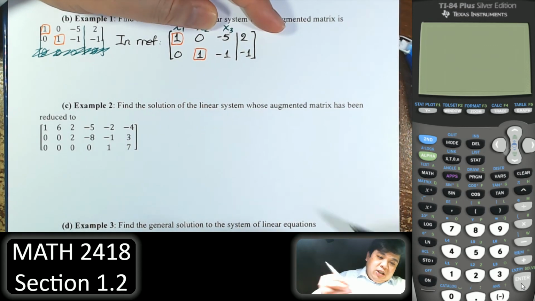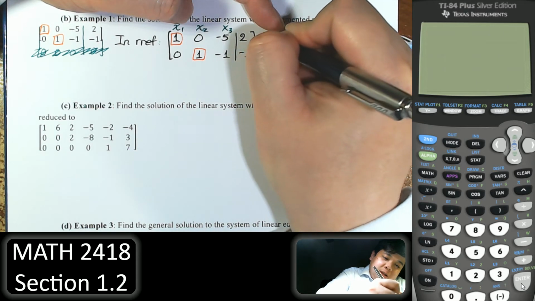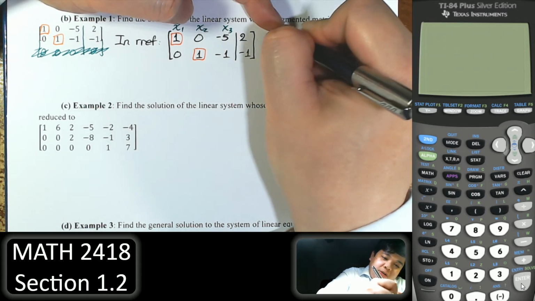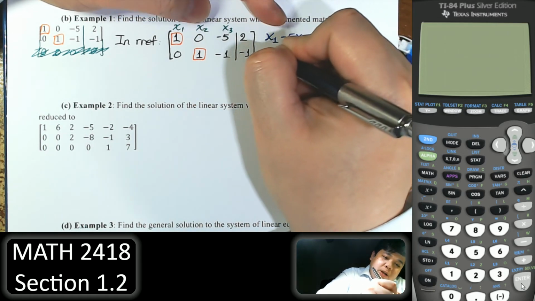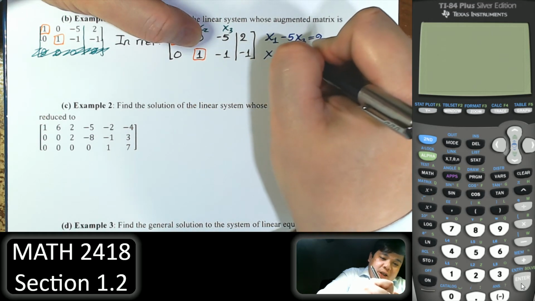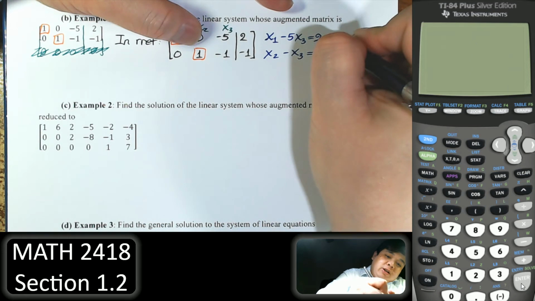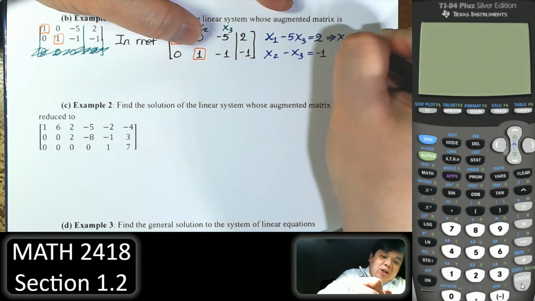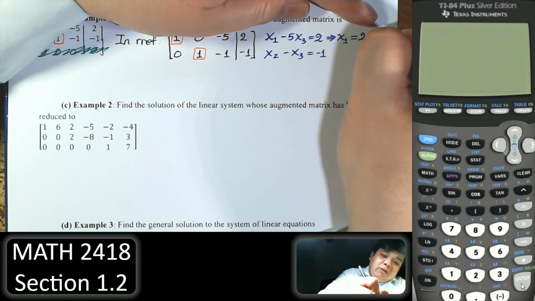Let's rewrite this equation. 1x1 minus 5x3 equal to 2. 1x2 minus x3 equal to minus 1. We will solve for the basic variables in terms of the free variable.